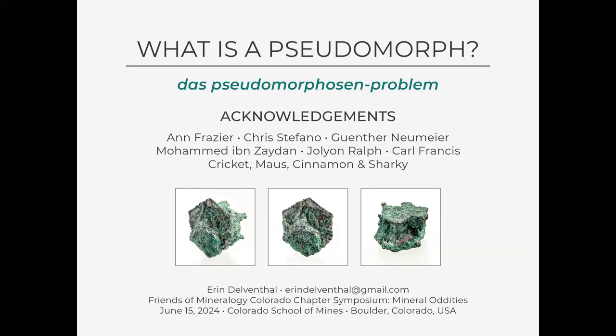Could you guys have come up with better names? I just use incrustation, and then it's either solid or hollow past that, and that covers it. I've stopped using a lot of the little subterms. In my book, they're all pseudomorphs and you can differentiate some subtypes, but it makes it easier to label your specimen.